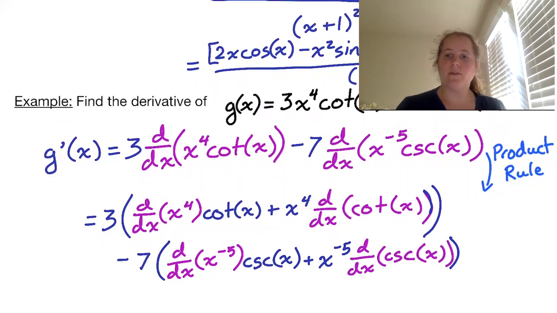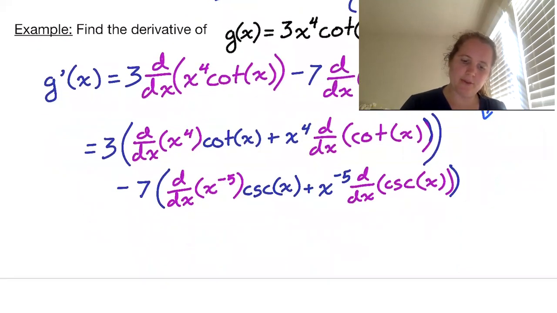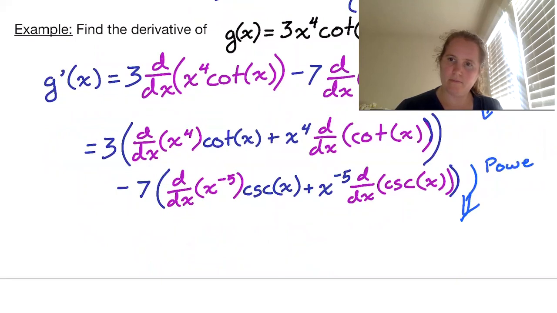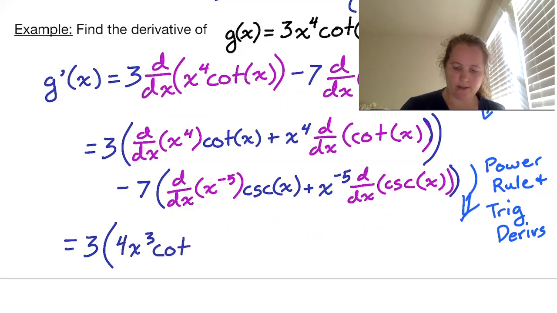At this point, we're just going to use our various derivative rules, both power rule and trig derivatives. So we have 3 times the derivative of x to the 4th, which the power rule says is 4x cubed, times cotangent of x.